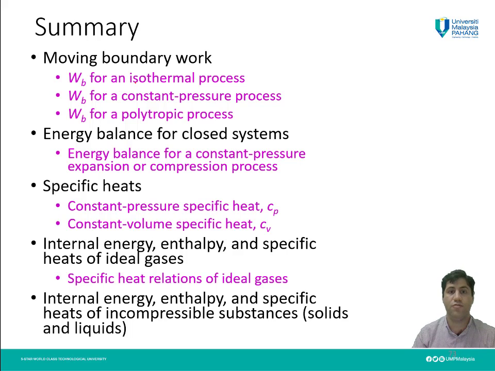I introduced you to the closed system, and I told you how we can find W_b, or boundary work, for an isothermal process, constant pressure process, and a polytropic process as well. Then we went further, and I introduced the energy balance, and we learned how to use that energy balance concept and the general equation to find different properties for different processes.